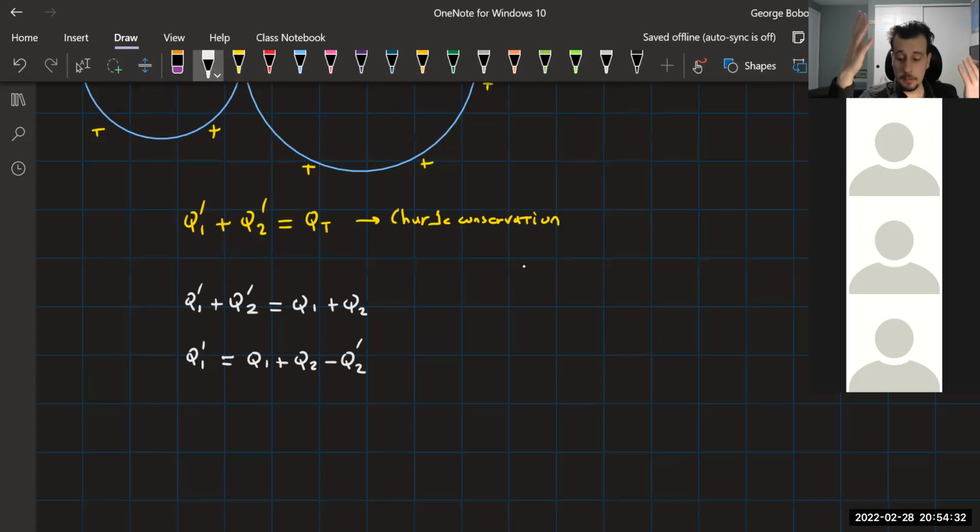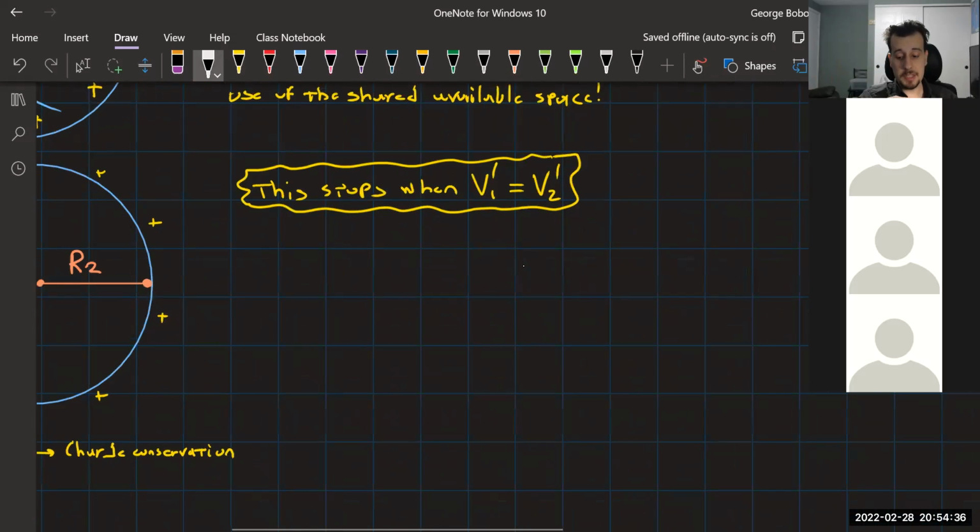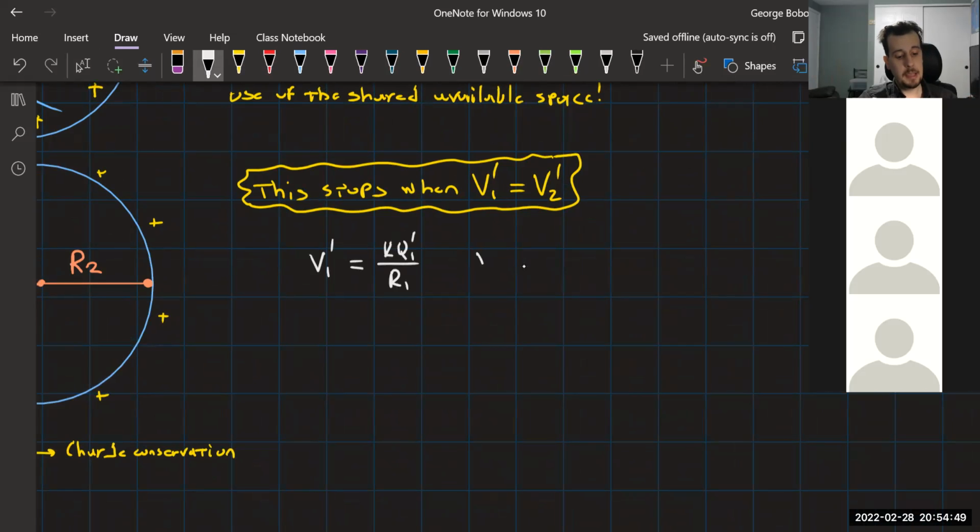What else is there right now? Well, we said that the potentials are going to be the same, right? V1 prime is going to be KQ1 prime divided by R1, and V2 prime is going to be KQ2 prime over R2 this time.